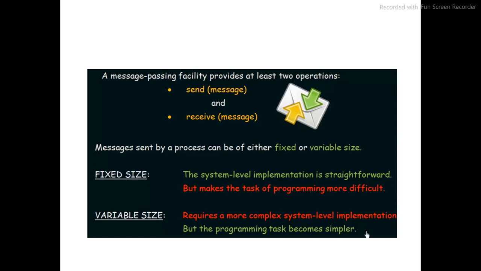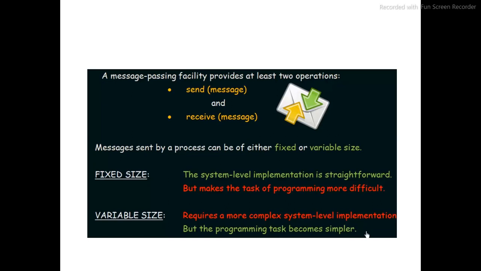Fixed size is when the length of the message is fixed. At the system level implementation, it is very easy to implement because the length of the message is fixed. But on the programming side, it will be difficult, because if you want to send a longer message, it is not possible with fixed size.